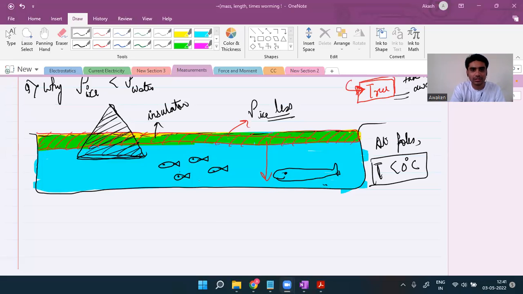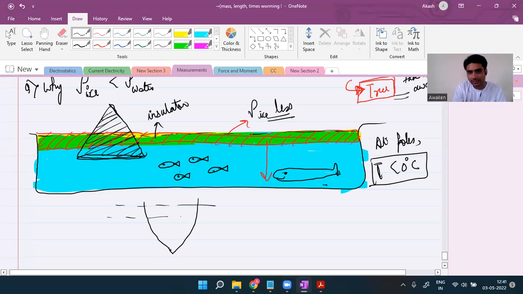So I'll draw a picture and explain. You're able to see my screen, my notebook? Yes. So this is the ship, and this is the ocean.